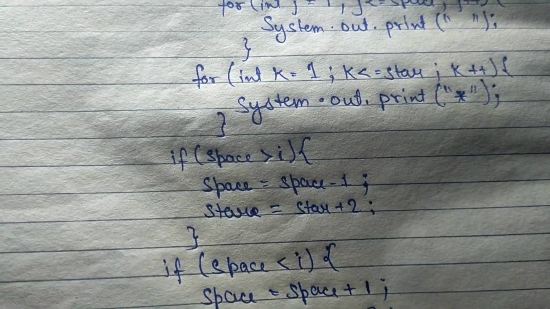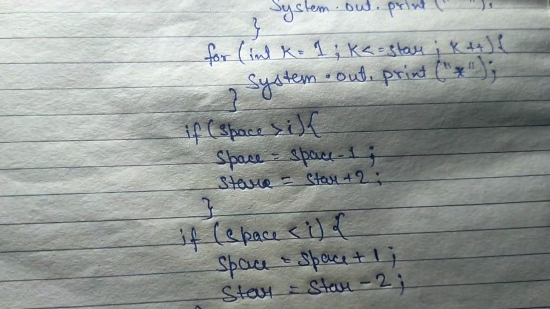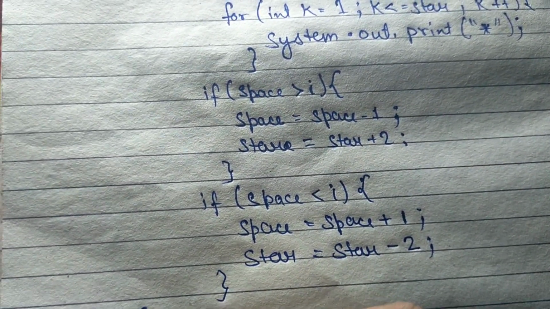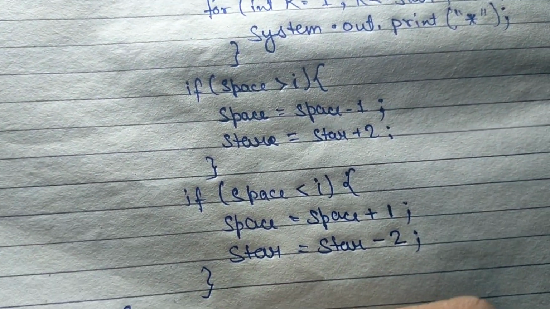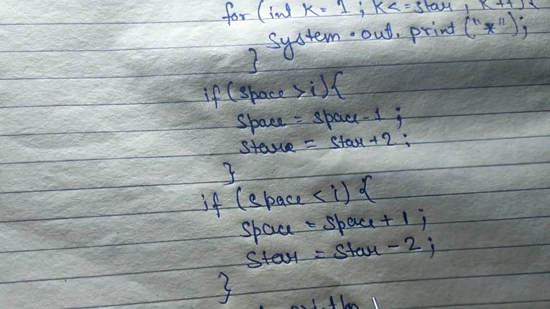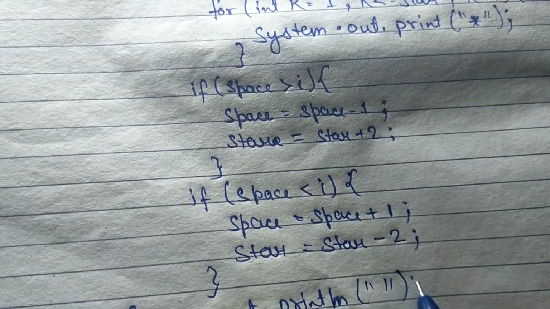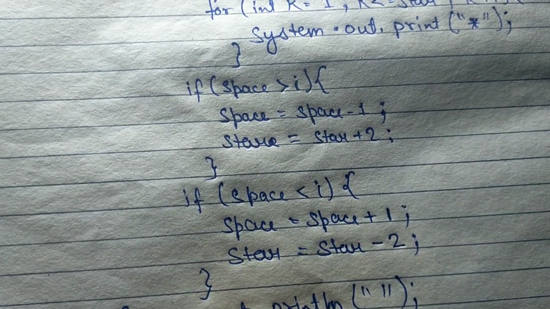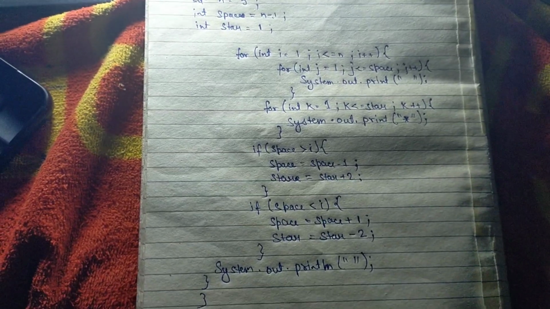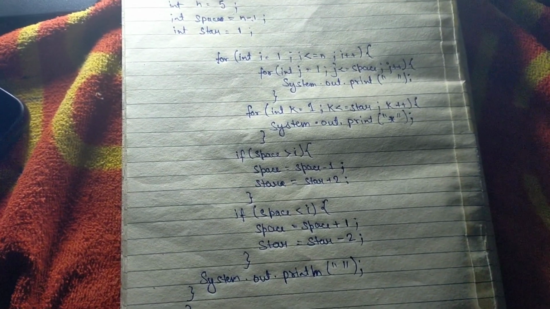So it is the if condition. After that we print a line break, System.out.println, then we close the loop. So here is the program through which we are printing our diamond star pattern.